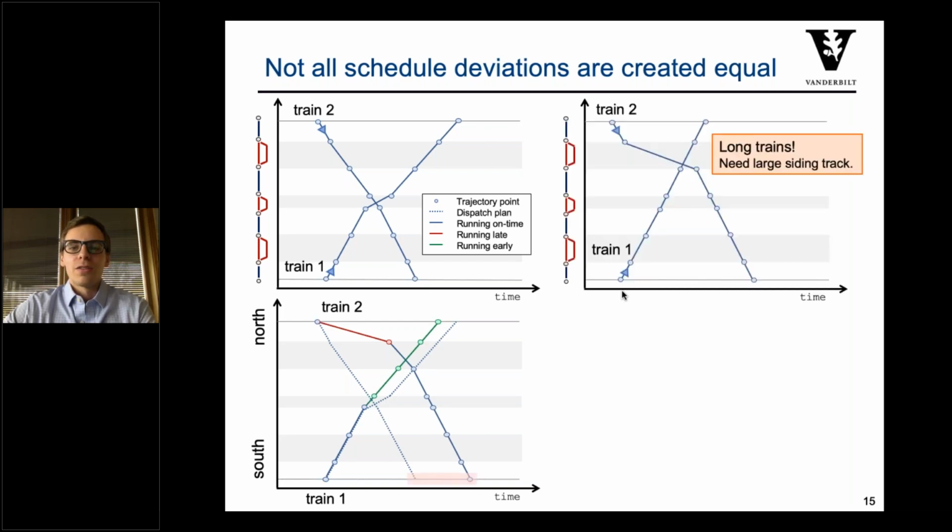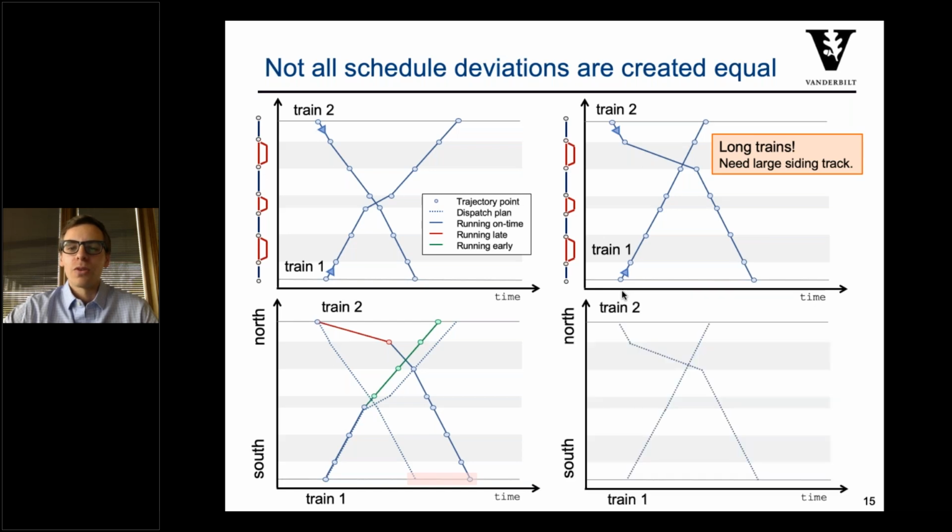Let's take an alternative case where we have these two trains again in opposing directions, but in this case we have two very long trains that can't meet at a shorter siding, or we could have that siding unavailable for a variety of reasons. But in this case, where we constrain this meet event to happen at the northern siding, we can see that a similar delay, this time in train 1, will actually cause a secondary effect or a knock-on effect to train 2, causing it to delay significantly more as well.